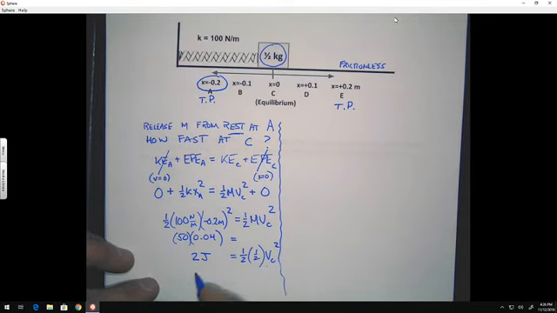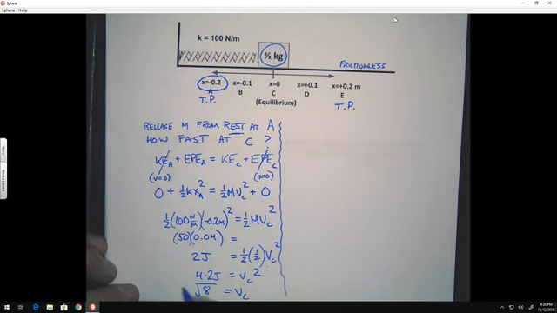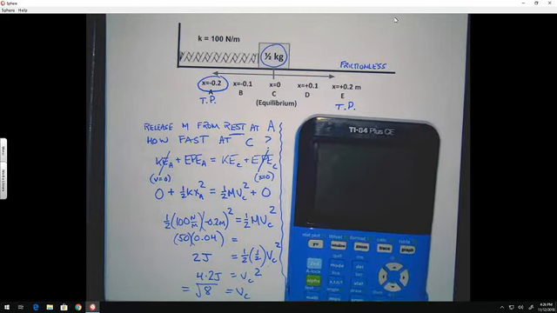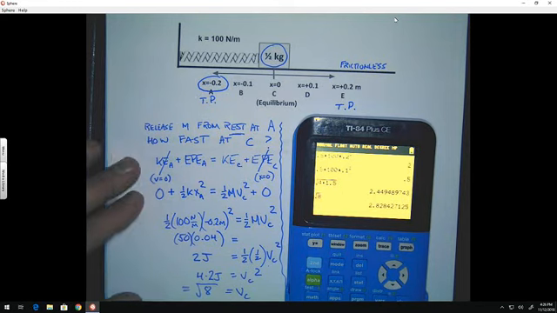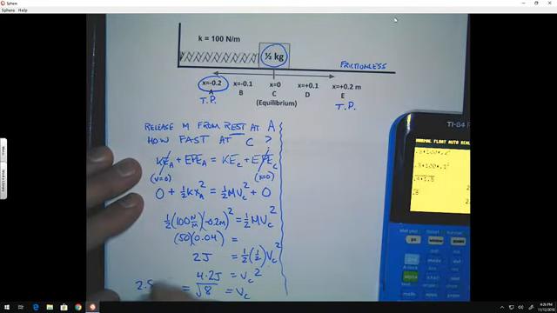Multiply that over. 4 times 2 joules. That would be 8. So the velocity at c is the square root of 8, which is, I don't know what that is. Square root of 8 is 2.8 meters per second.